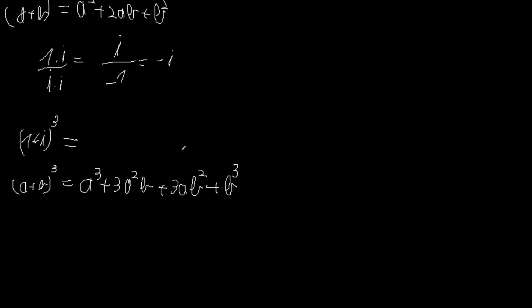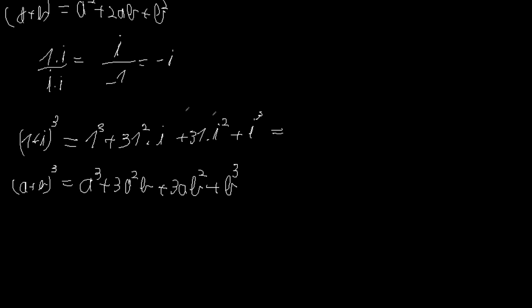It comes forth from the binomial theorem. It's quite handy sometimes. So a is 1, so it's 1 cubed plus 3 times 1 squared times i, plus 3 times 1 times i squared, and then we have plus i cubed.